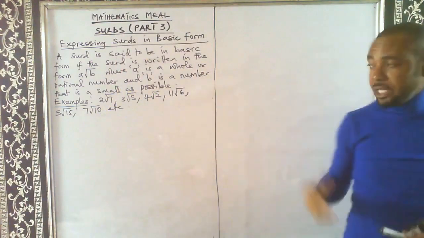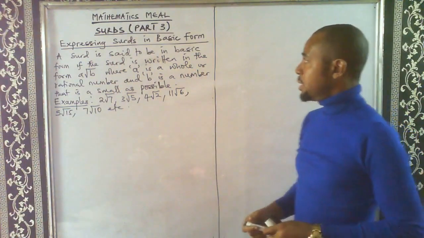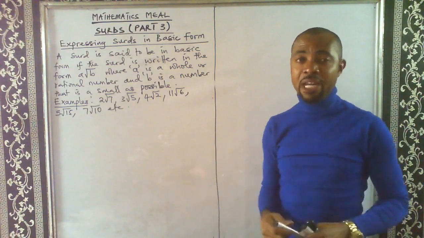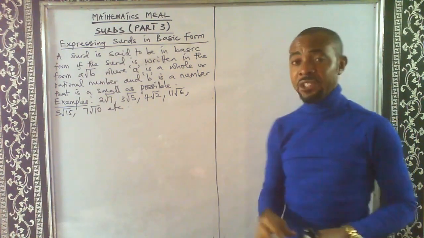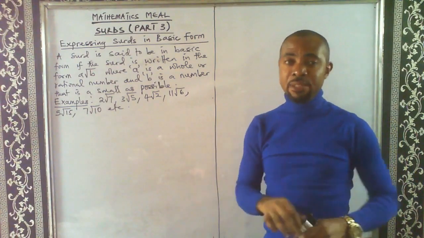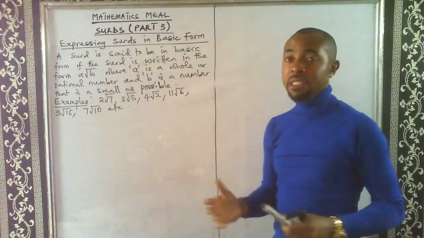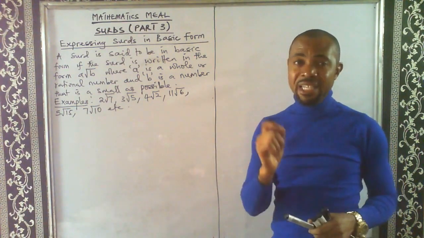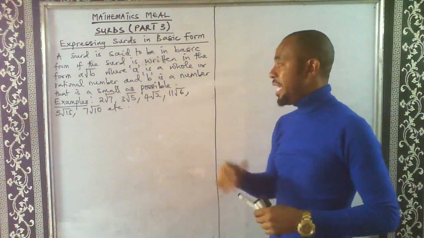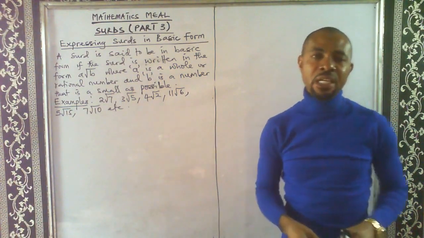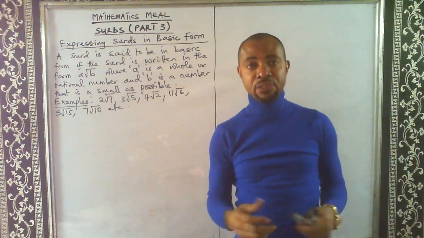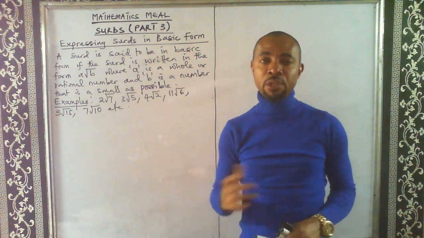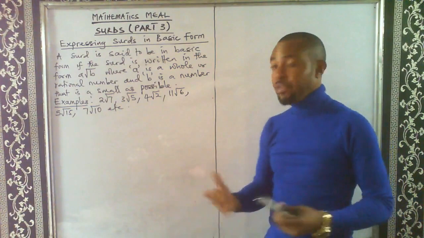Let's move forward and look at other aspects of expressing surds in basic form. Before we look at how we can express surds in basic form, it is necessary that we make this statement. Why are we looking at basic form of surds? The knowledge of basic form of surds is very, very necessary in carrying out other operations in surds, like addition, subtraction, multiplication, or even rationalization.